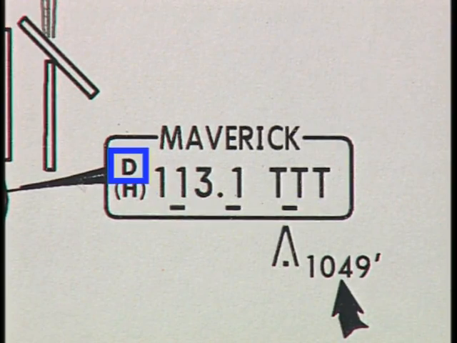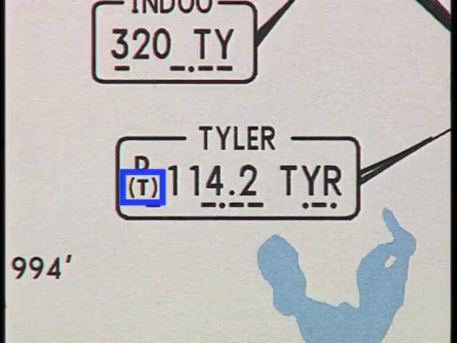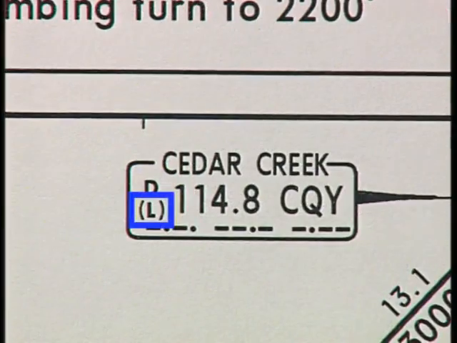If a D appears in the box, it indicates the facility transmits DME information. The letter H in parentheses indicates this is a high-altitude VOR station. If the letter T appears, the station is a terminal class facility. And L indicates a low-altitude class VOR.